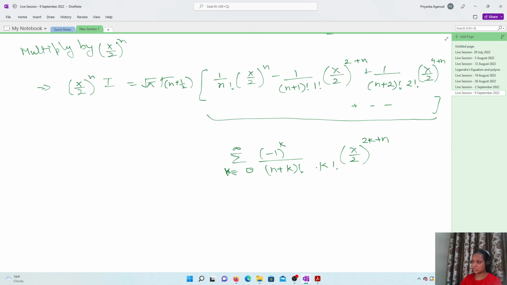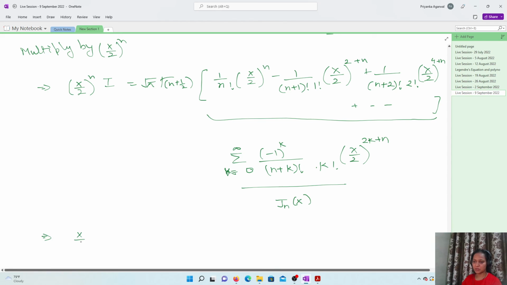I'm writing the series in terms of k. So for k equals 0, the first term will be 1 over n factorial into x by 2 to the power n. Similarly, for k equals 1, it will be minus 1 over n plus 1 factorial into 1 factorial x by 2 to the power n plus 2. Now this we know is what? J n of x.